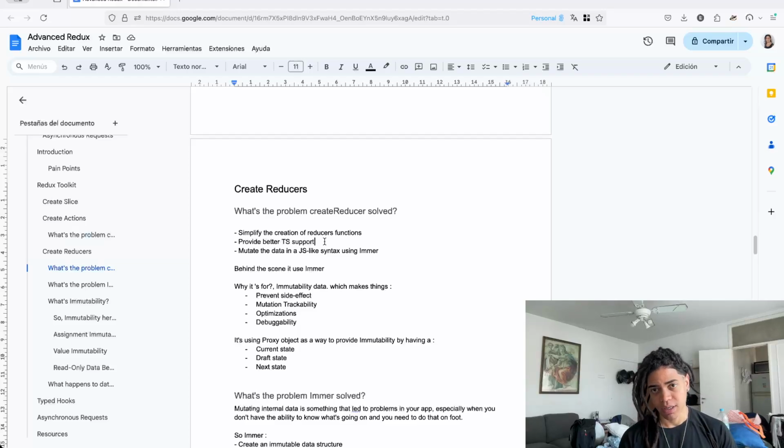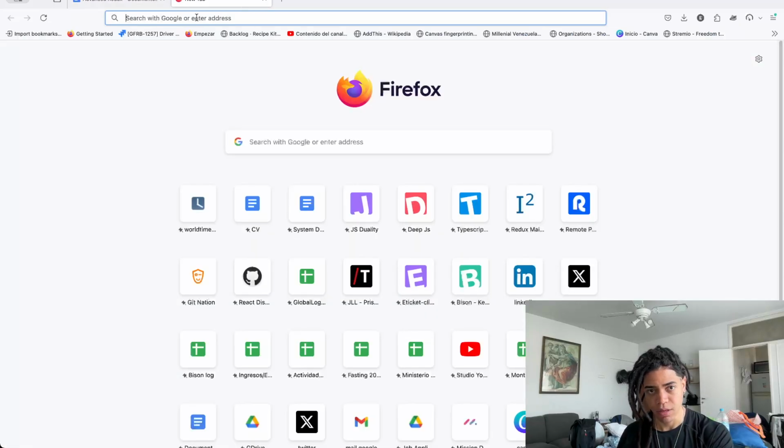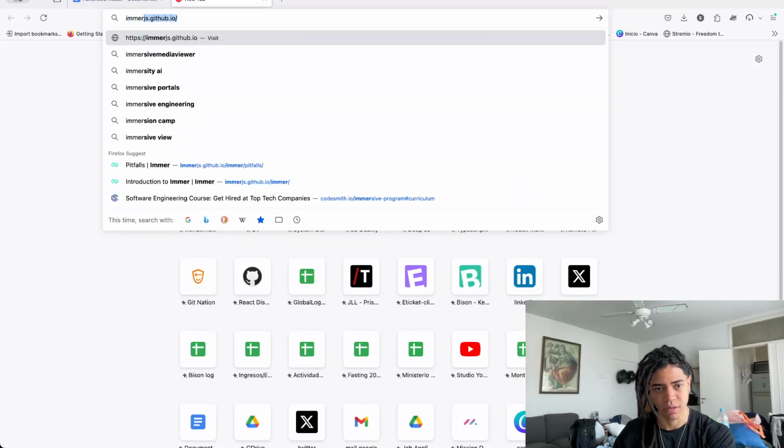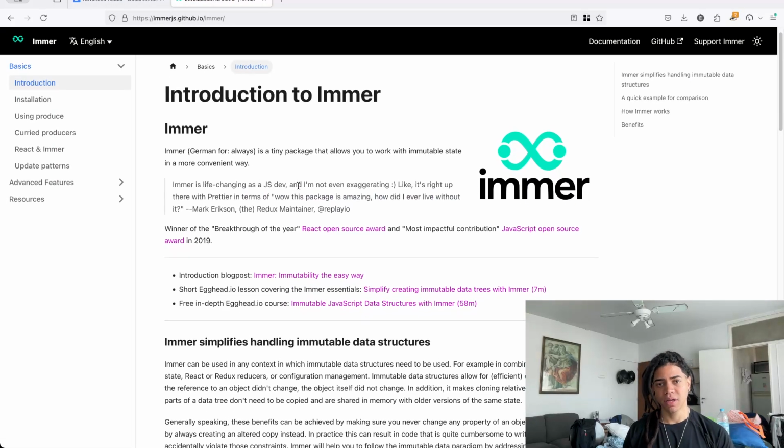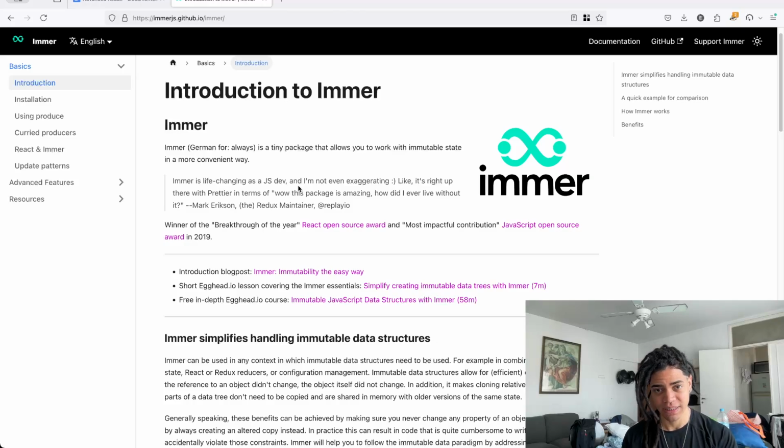So Immer is this library that allows us to work with immutable state. Immer is a German word for forever, always. Interesting that Immer is a tiny little package that allows you to work with immutable state in a more convenient way.